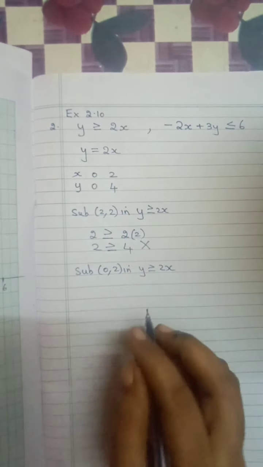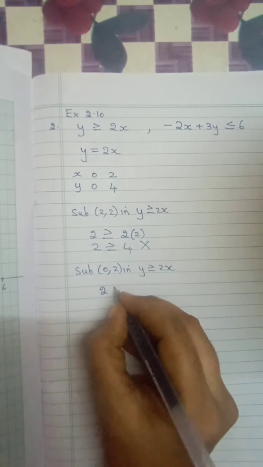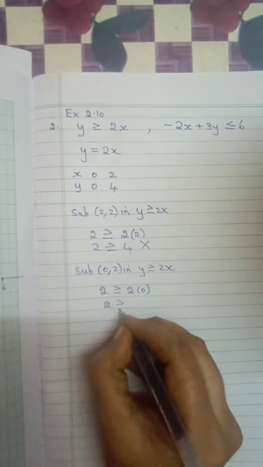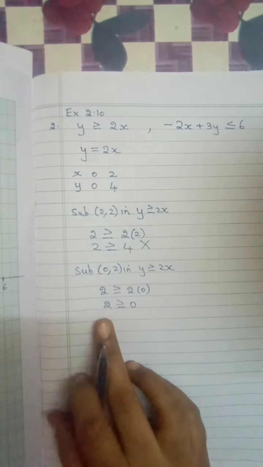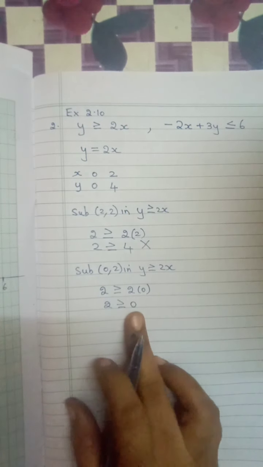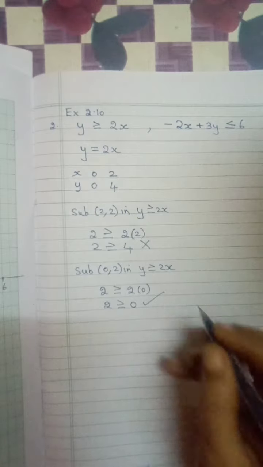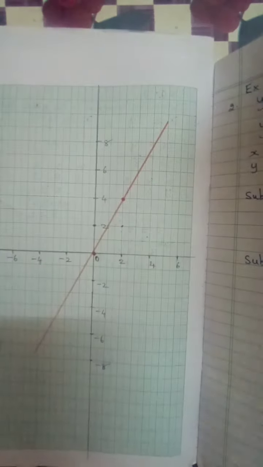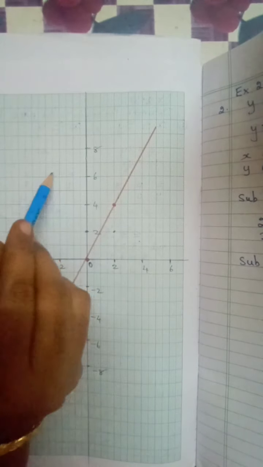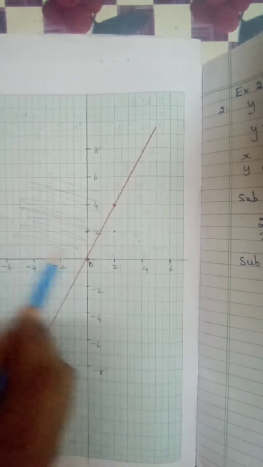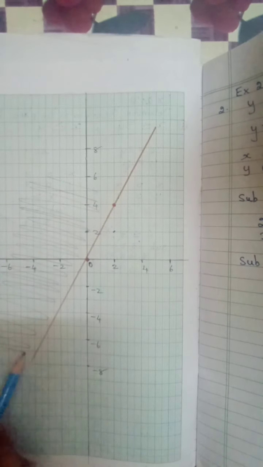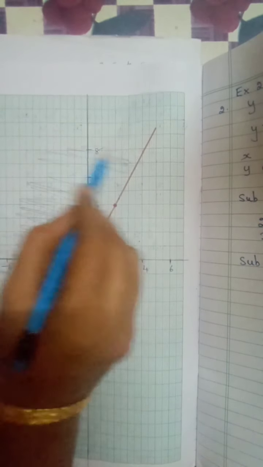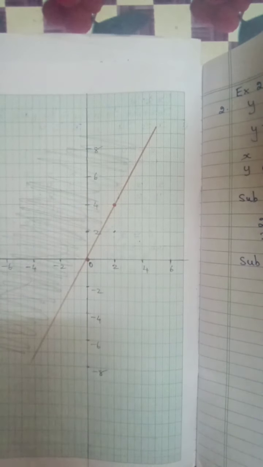Where y is there I substitute 2, where x is there I substitute 0. So 2 is greater than or equal to 0. 2 is surely greater than 0, so it is satisfying the inequation. That means I have to shade this region of the line. So I am shading this region. So for the first line I have to shade the left side of the line.